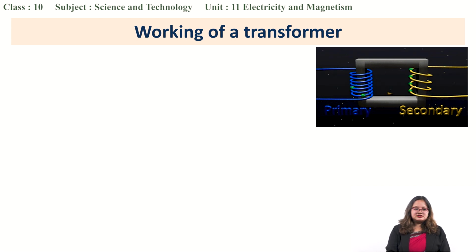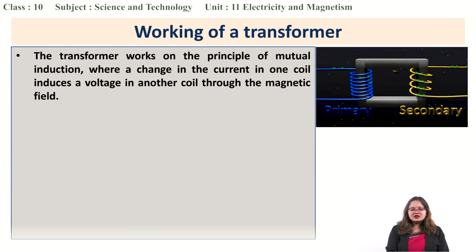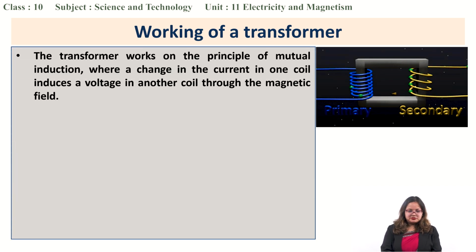So now let's see how it works. Talking about the working of a transformer, it works on the principle of mutual induction, where a change in the current in one coil induces a voltage in another coil through the magnetic field.